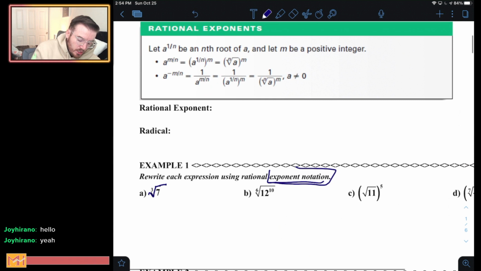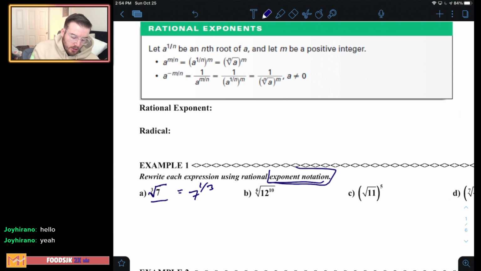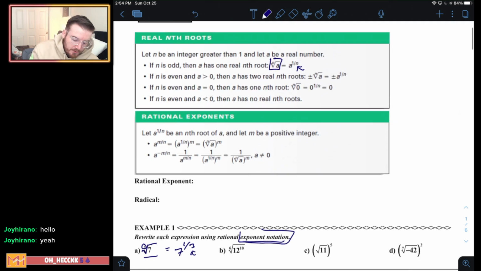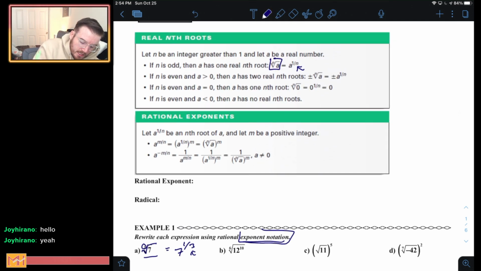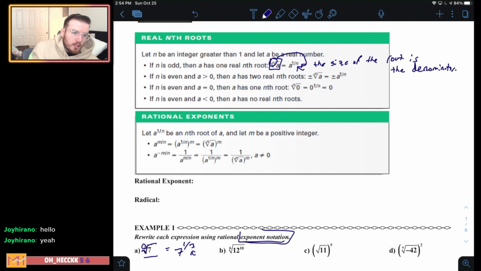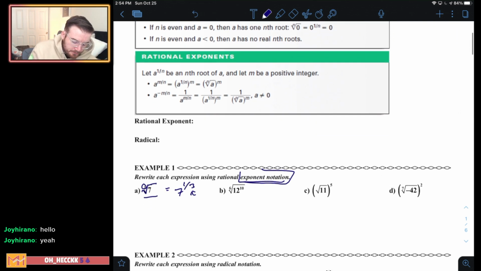So this cube root gets rewritten as 7 to the 1/3. So the size of the root is the denominator. You see that? If you've got your notes printed, the size of the root becomes the denominator. So if I were to do this several more times, this becomes 12 to the 10/6.